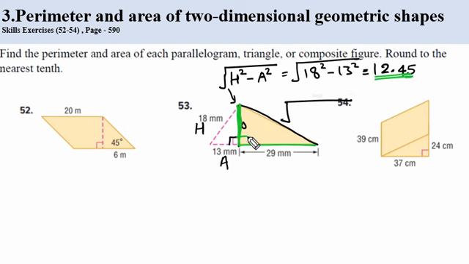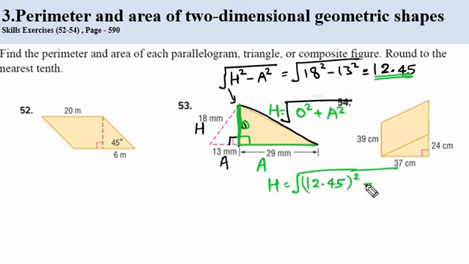Now in this right angle triangle, this is opposite, this is adjacent, and now this is hypotenuse. To find this, opposite squared plus adjacent squared. I'm doing it very slowly, so if you think it is slow, you can use the fast button and listen to it faster, okay? So hypotenuse is equal to the square root of 12.45 squared plus 29 squared.